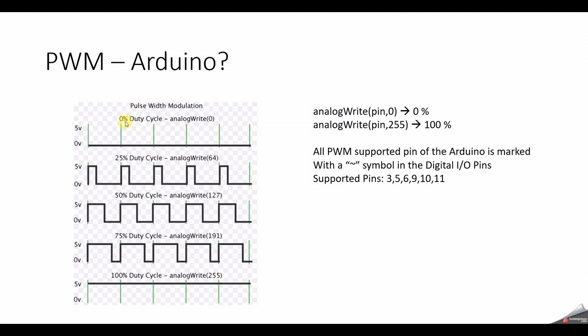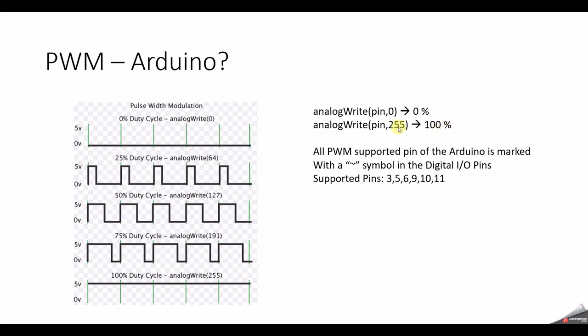0 corresponds to 0% duty cycle and 255 corresponds to 100% duty cycle. So Arduino supports 256 levels of duty cycle from its pin, and we should use the syntax which is displayed here. analogWrite pin comma 0 will make the pin supply a PWM with 0 duty cycle. analogWrite pin comma 255 means this pin will supply 100% duty cycle.